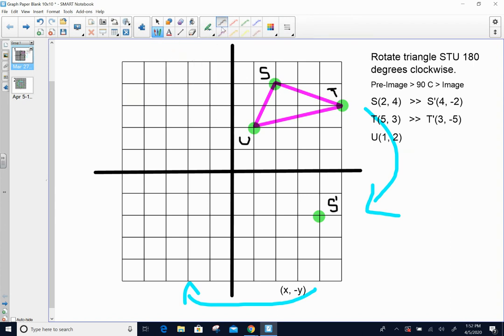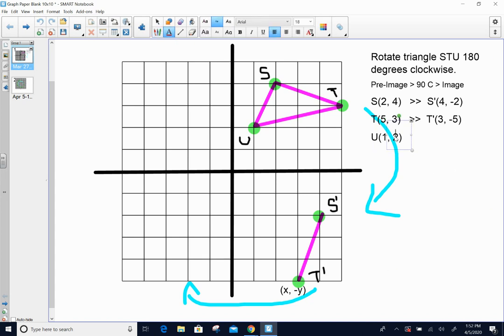When I plot this point T, I'm going to do exactly what I've got: positive 3, 1, 2, 3, negative 5, down 1, 2, 3, 4, 5, right there. I'm going to connect these two and write that as T prime.